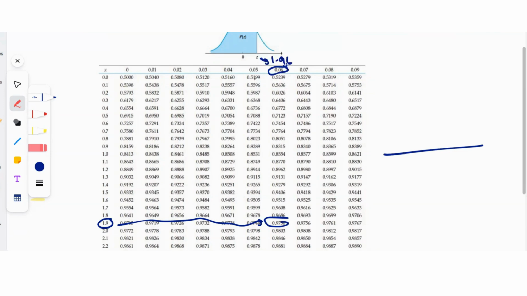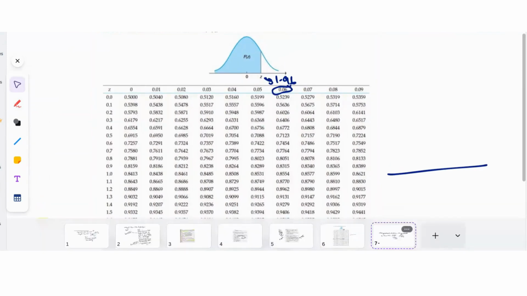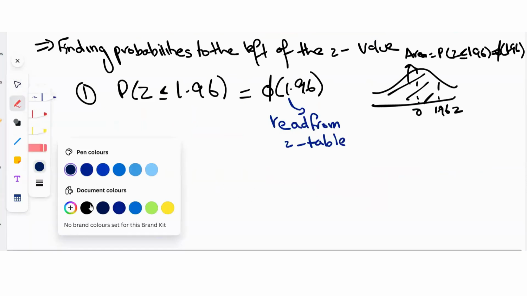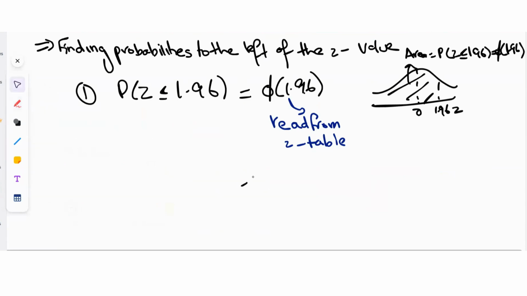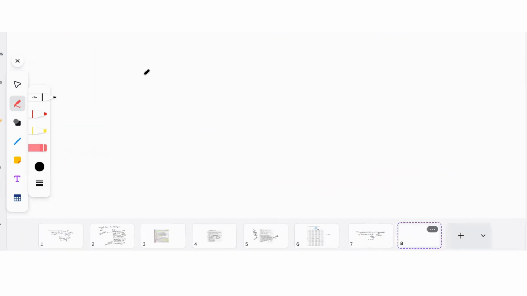This is telling us the probability Z is less than or equal to 1.96 is 0.975. So simple.